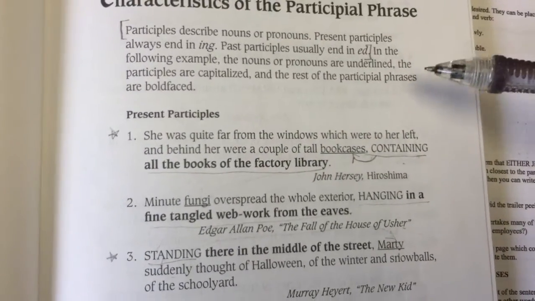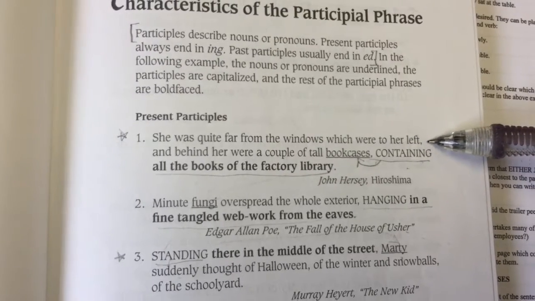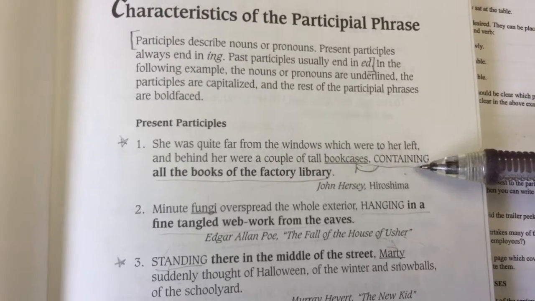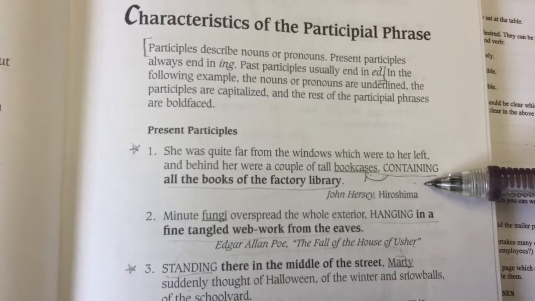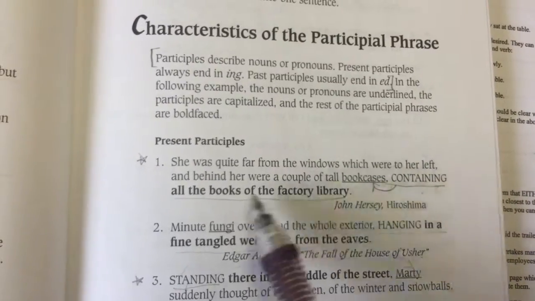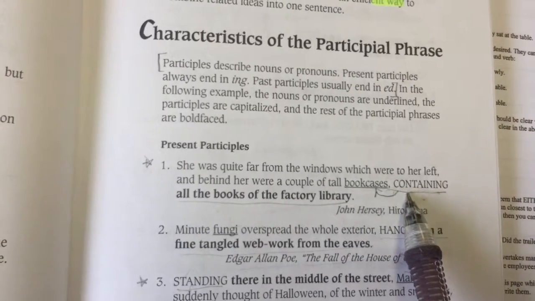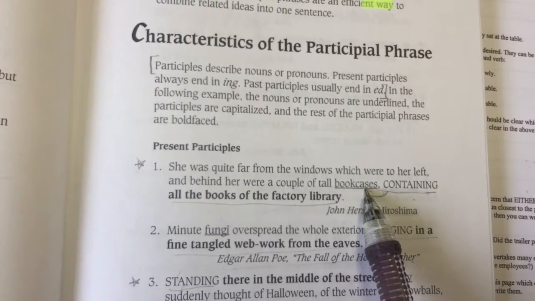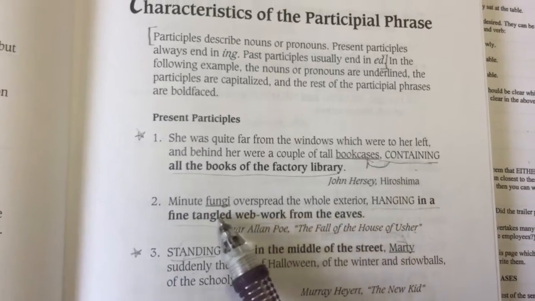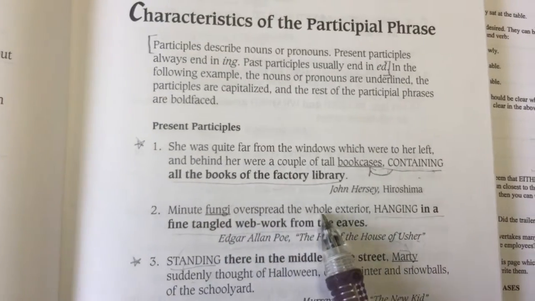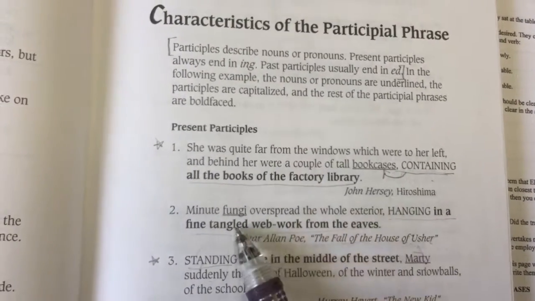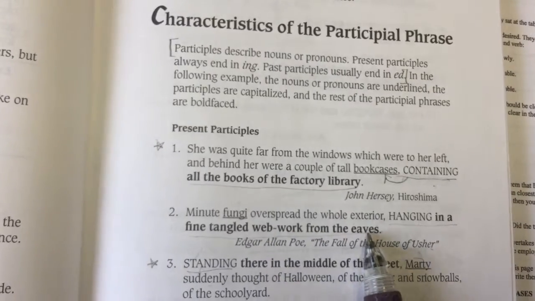She was quite far from the windows which were to her left, and behind her were a couple of tall bookcases containing all the books of the factory library. This is the participial phrase. Containing is the participle. It's talking about bookcases. Here, minute fungi overspread the whole exterior, hanging in a fine tangled webwork from the eaves.